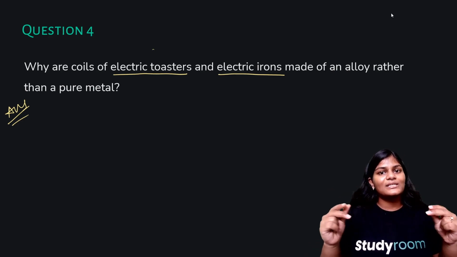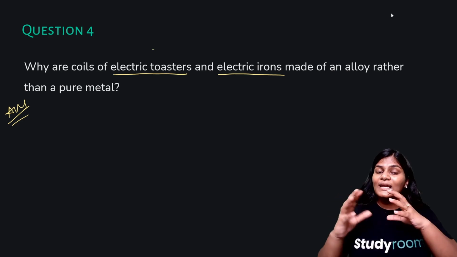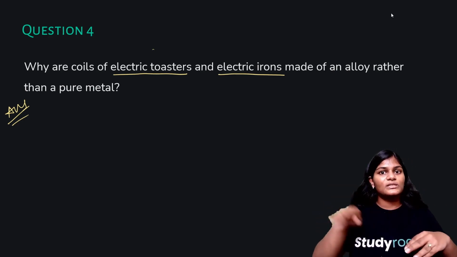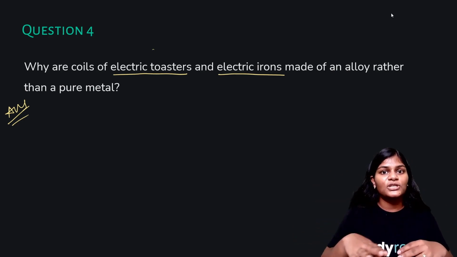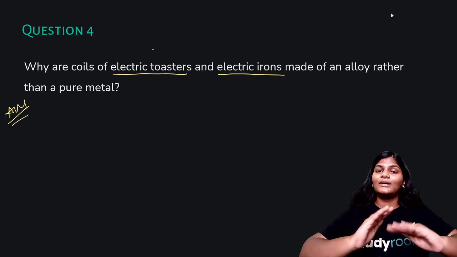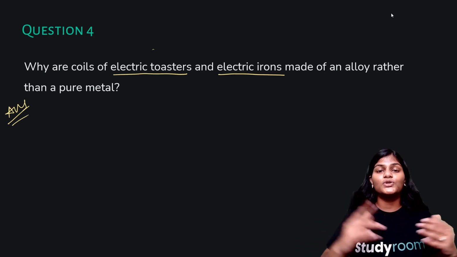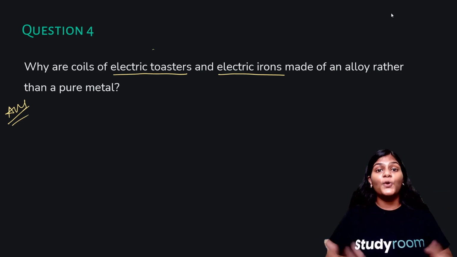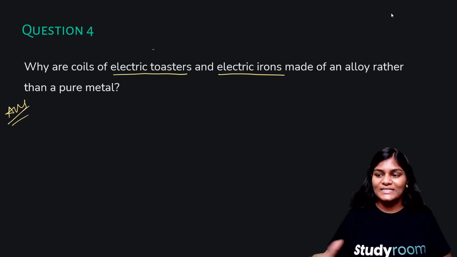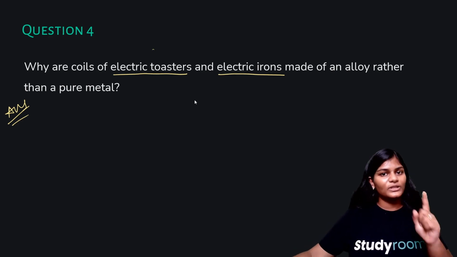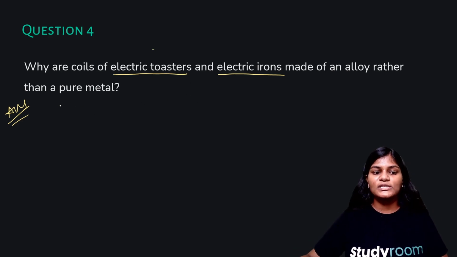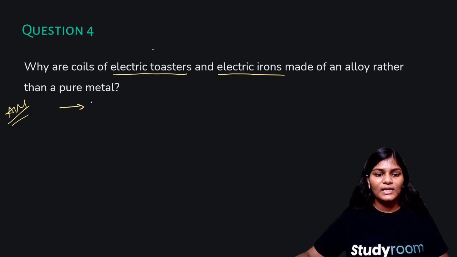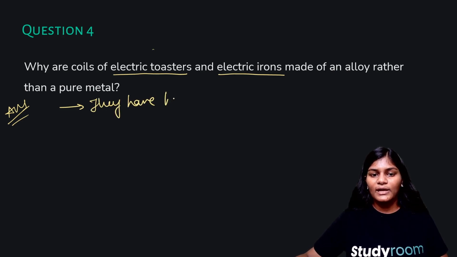But a higher resistance material would let some current pass through so that the circuit is completed and the function is done, but it is resisting the current also, so heat is also produced. So your functions like ironing the clothes, pressing the clothes, or toasting your bread are also complete. So that is one of the reasons why alloys are used instead of pure metals, as they have higher resistivity.